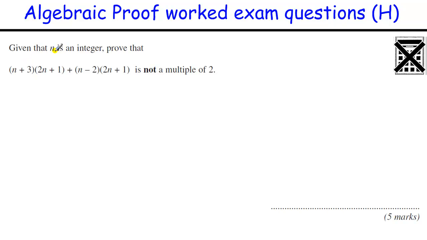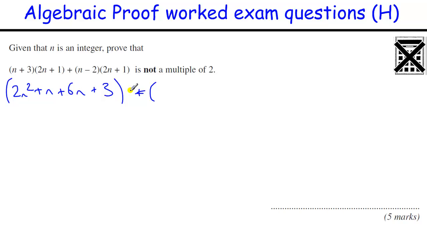Okay, given n is an integer, a whole number, prove that this is not a multiple of 2, so we'll just multiply all out, see what we get. n times 2n is 2n squared, n times 1 is n, 6n, plus 3, so that's the first bit.